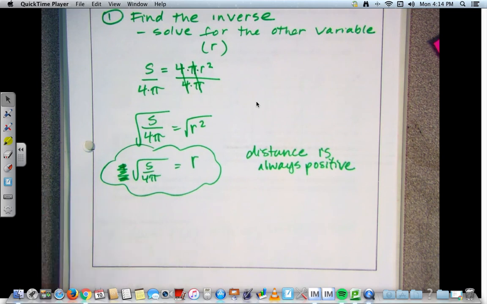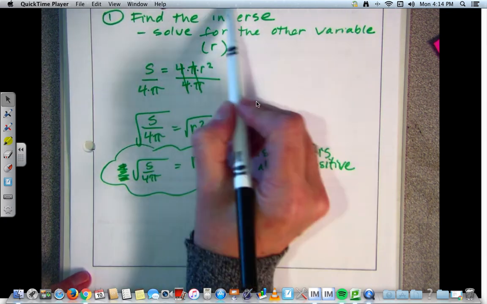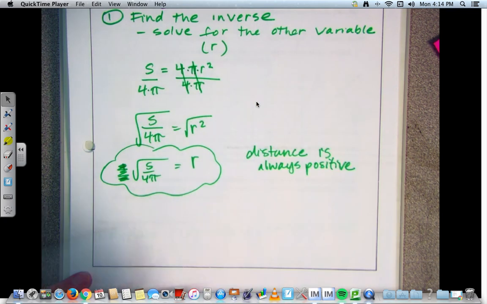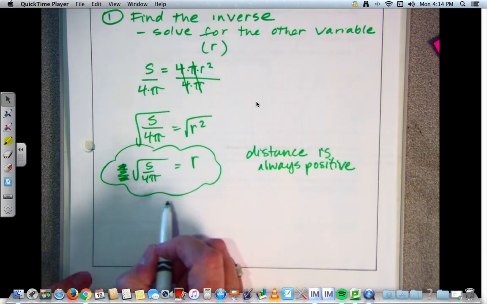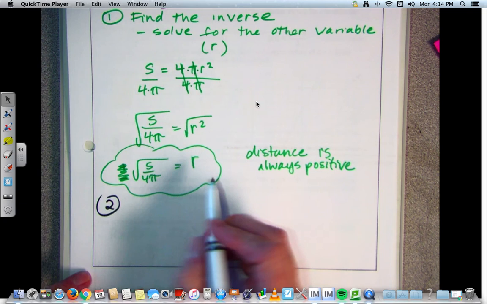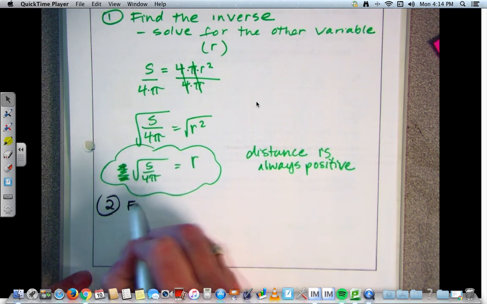The next thing that we're asked to do is to find the radius of a sphere that has a surface area of 100 pi. We are given that the surface area of a sphere is represented by the S. So we have the 100 pi that we're replacing for the S, and we need to find the radius.